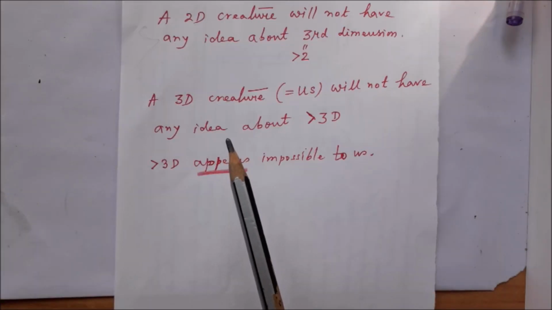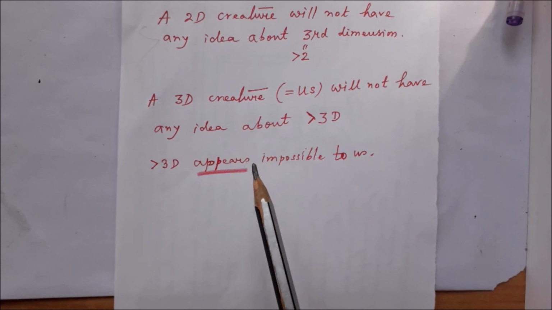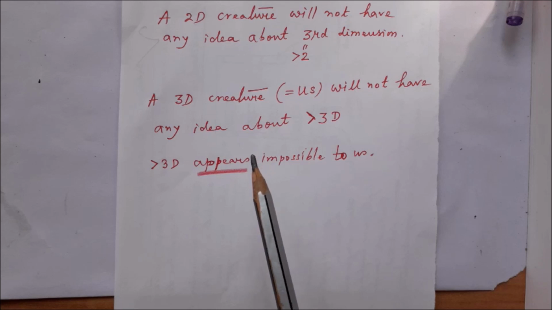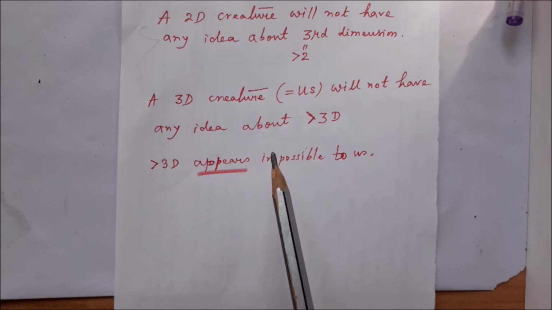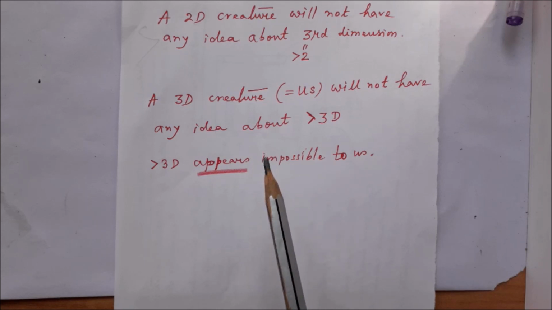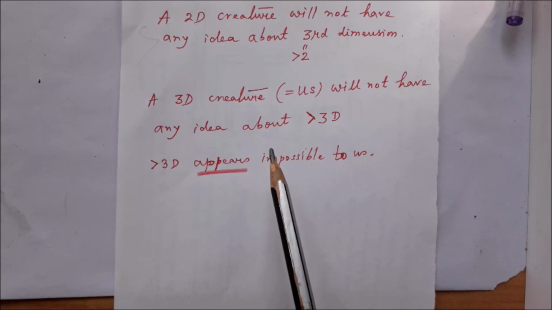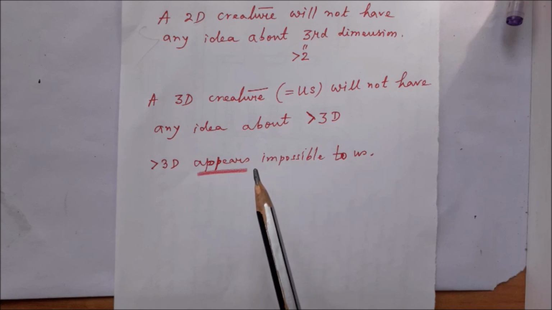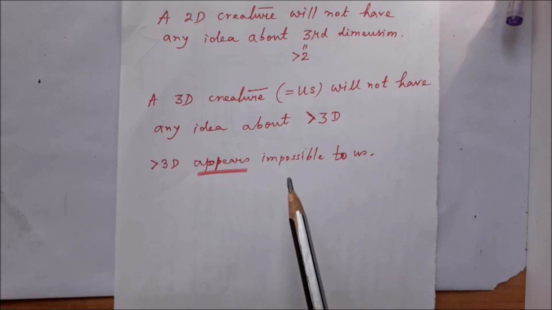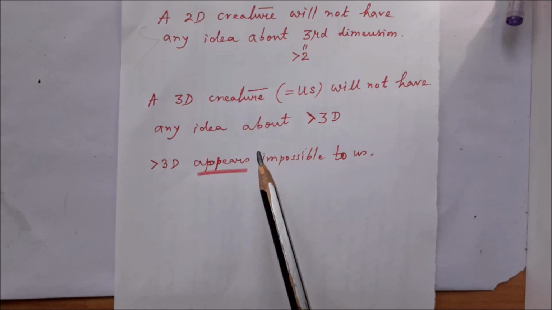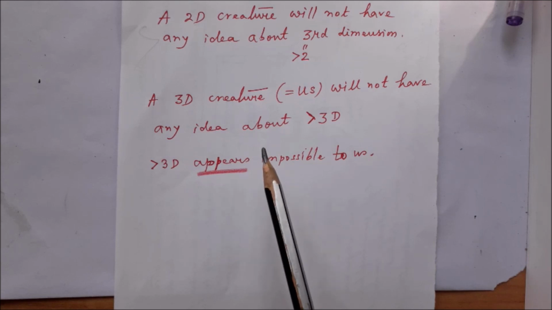Now we come to the question of whether at all we can realize dimension greater than 3D. Consider the case of a 2D creature first. The 2D creature can move along the x-axis, along the y-axis. It feels and enjoys the 2D world. Now to it, any other dimension is absolutely meaningless in the sense that it does not possess any other dimension itself.